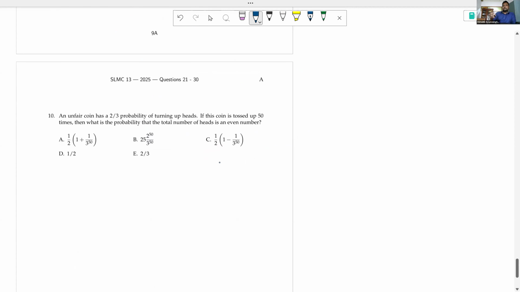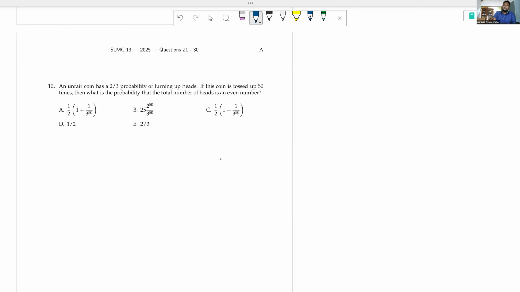So last one right here. An unfair coin has a 2/3 probability of turning up heads. If the coin is tossed 50 times, what is the probability that the total number of heads is an even number? Now, what if you have like 6 coins, and you'll have like heads, heads, tails, tails, tails, tails.